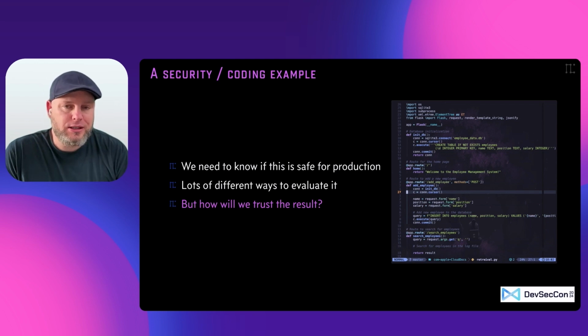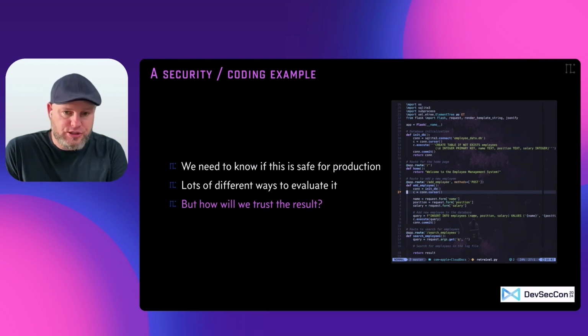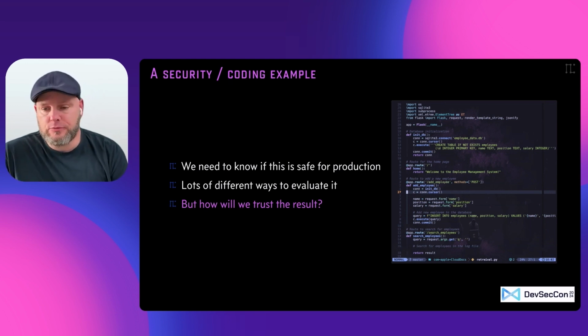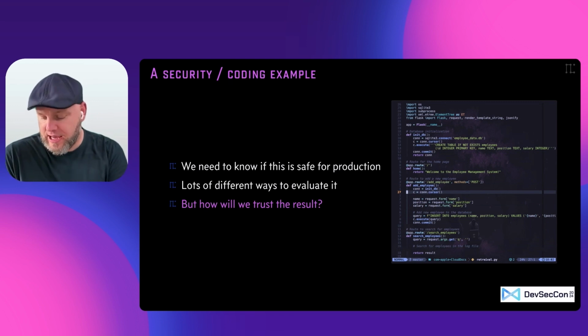So this is a common thing that regular security teams are doing. It's an intelligence task being done by humans because traditionally humans are the only ones with intelligence of this level. So the output here is a pass or a fail. This human is going to look and say, no, this cannot go to production, or it can.